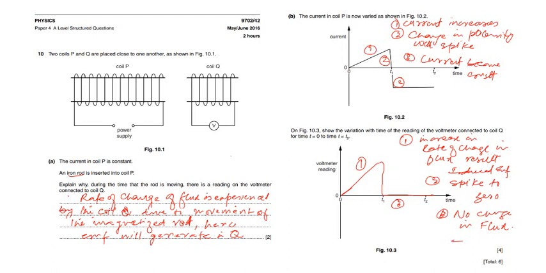B. The current in the coil P is now varied as shown in the figure. If we see this current-time graph, the current is divided into three sections. In section 1, the current is increased. In section 2, the current decreases to 0, and then goes in the reverse direction.